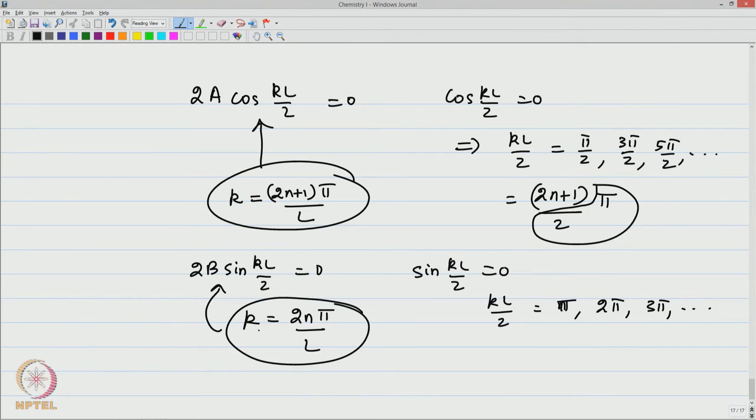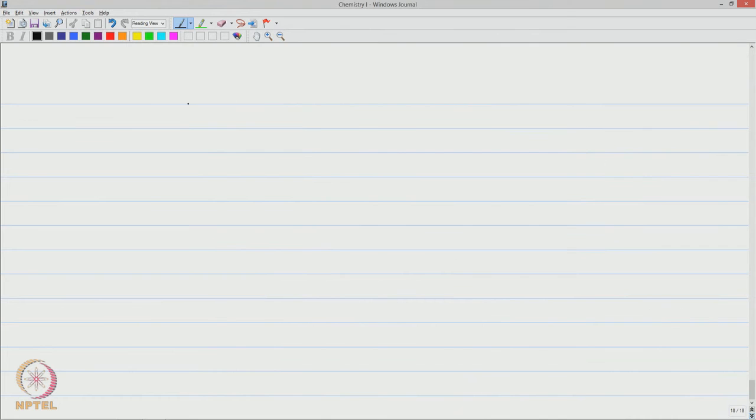Therefore, depending on the n value, you have two solutions. So, let me summarize that solution.